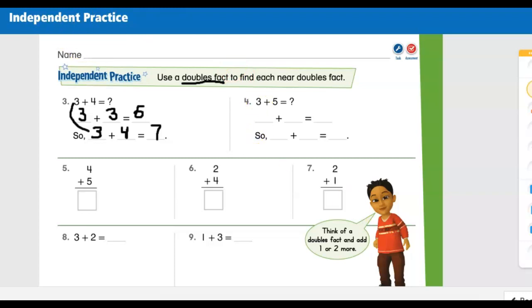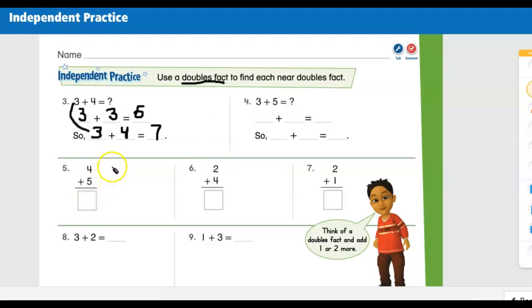Numbers 5 through 9 are set up a little bit differently, but it still wants you to use a doubles fact. For example, on number 5, we have the same kind of problems, they're just written differently. So we have 4 plus 5.